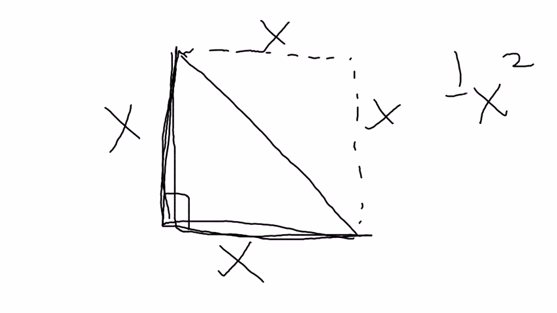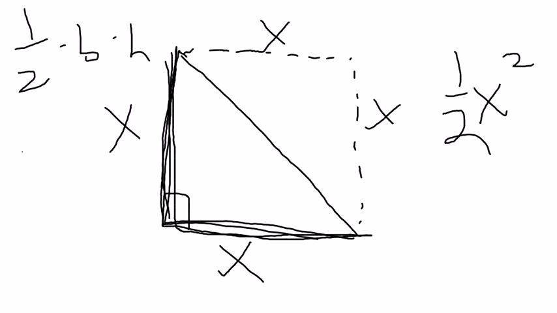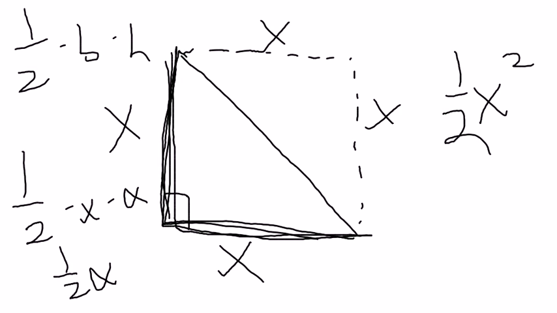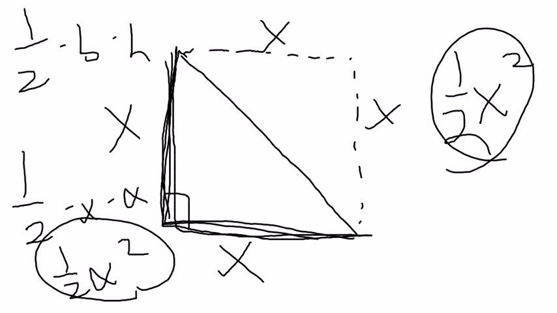But we have to get half of that because we have half of the square. Or if you think about just the triangle, it's 1/2 times base times height. Well, in this case, the base and height are equal. So it's 1/2 times x times x. So either way you want to think about it, you're going to end up with 1/2 x squared as the expression for the area. Okay, so let's take our 1/2 x squared.